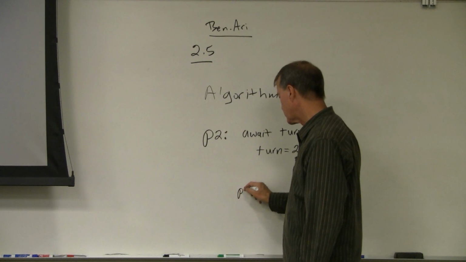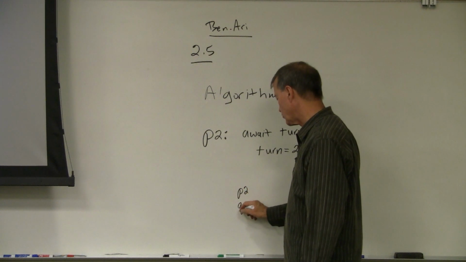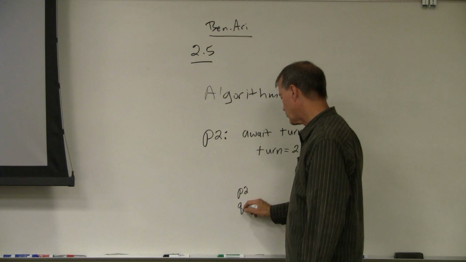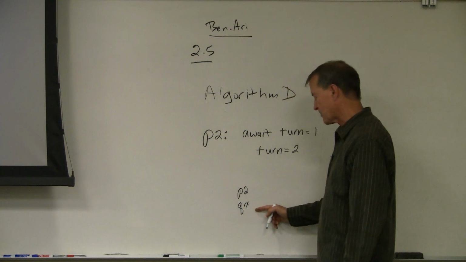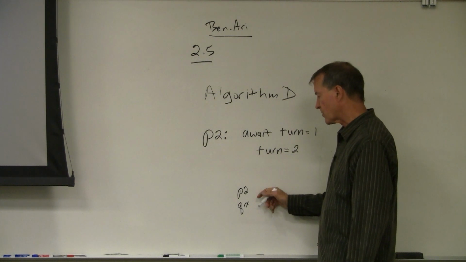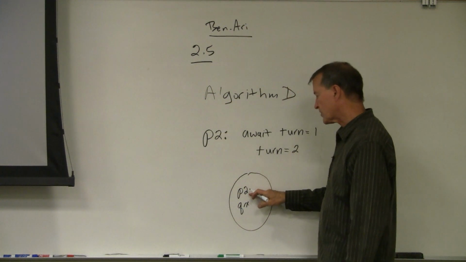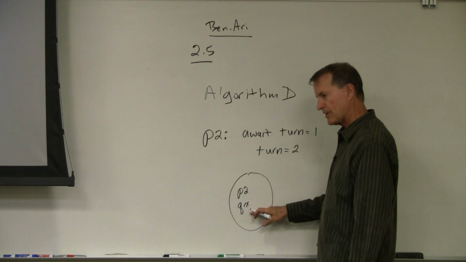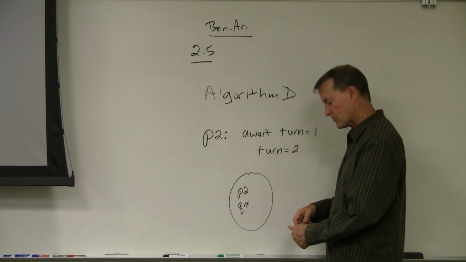Suppose we have P2 and some other statement from Q, I'm just going to say QX. Let's suppose that we are in a state where either this one could happen next or this one could happen next. Is everybody clear?